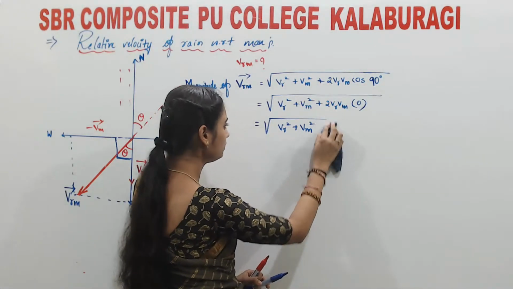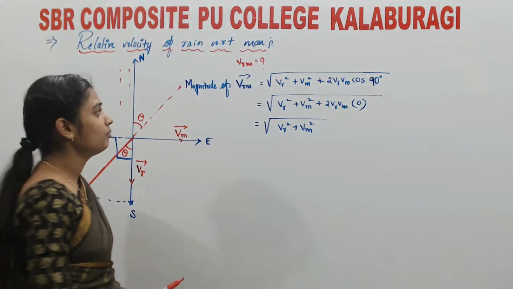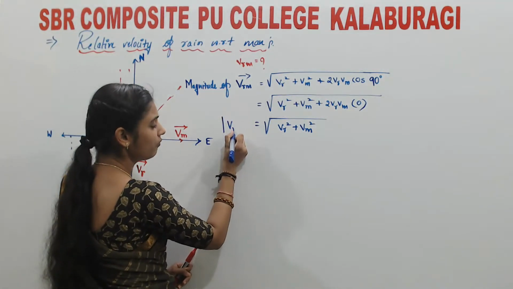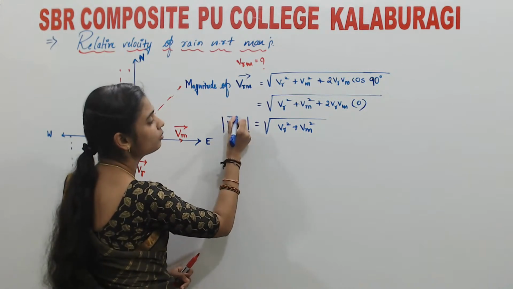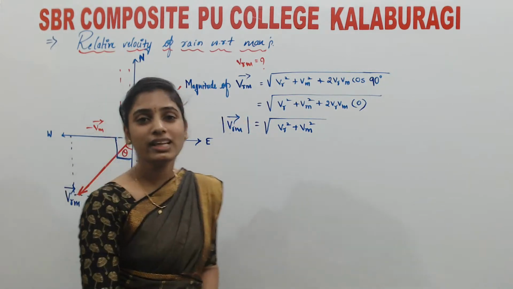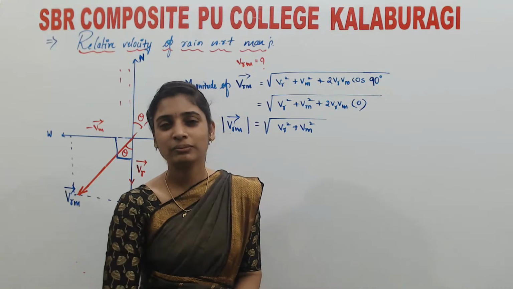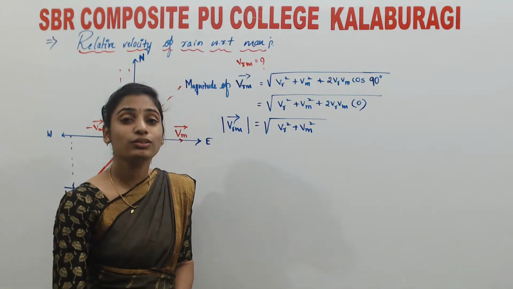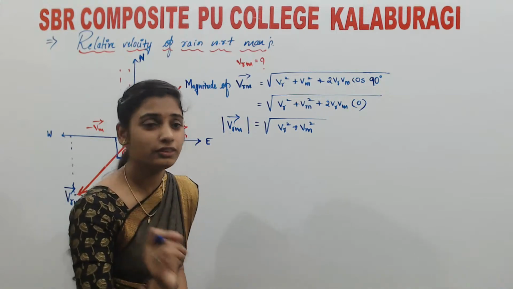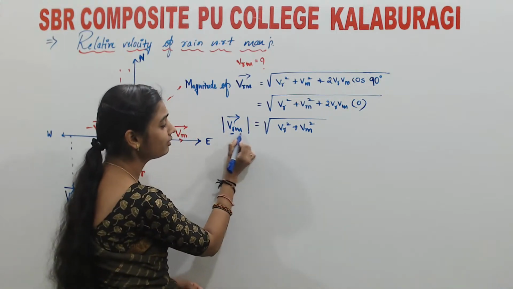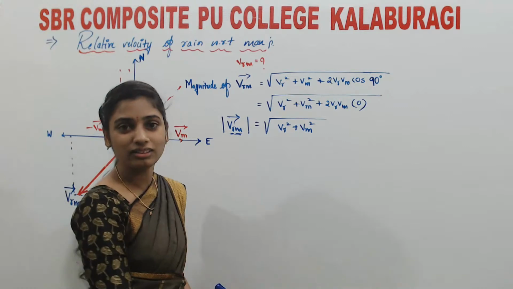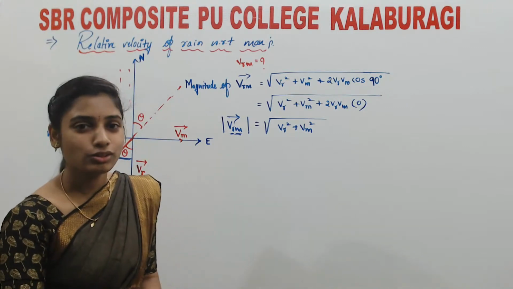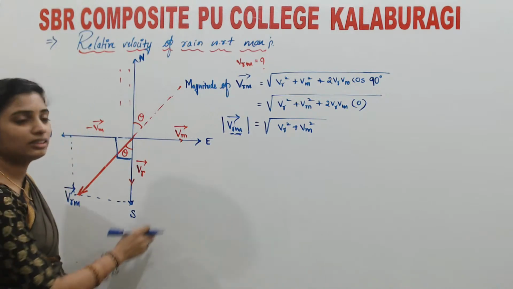So we are left with the magnitude of vector VRM, which is nothing but under root of VR square plus VM square. Here we successfully got the magnitude of the relative velocity of rain with respect to man, which is under root of VR square plus VM square. I hope all of you have got it.